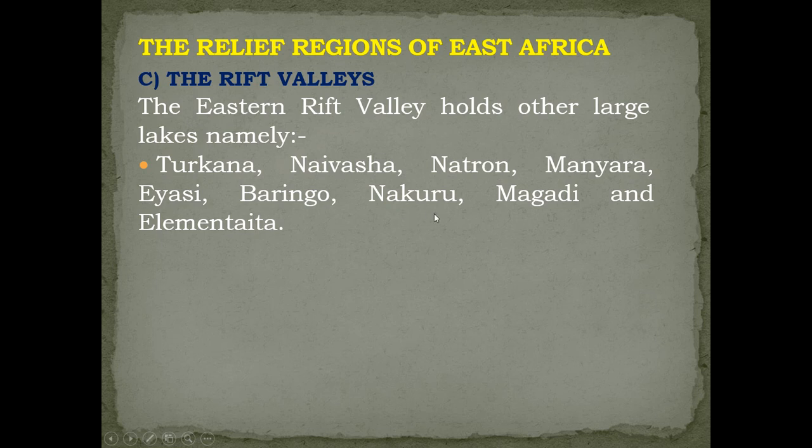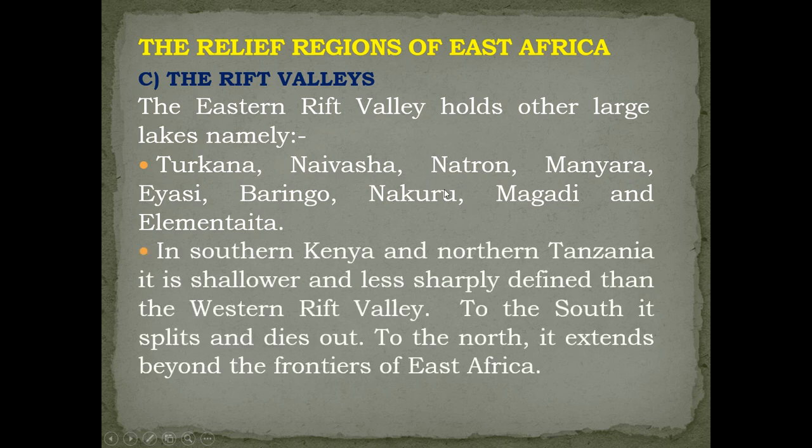Lake Nakuru because of flamingos, Lake Magadi because of salt or soda ash mining. So these are some of the lakes which are found in the eastern part of the Rift Valley. This eastern Rift Valley is a little wider and broader than the western arm.